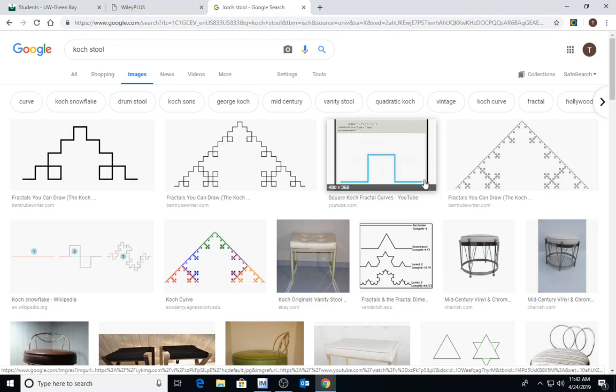Okay. And then we need the scaling factor. How much bigger is the Koch stool than the largest piece that you're using? So here you might think of this piece. This piece looks like the whole Koch stool.